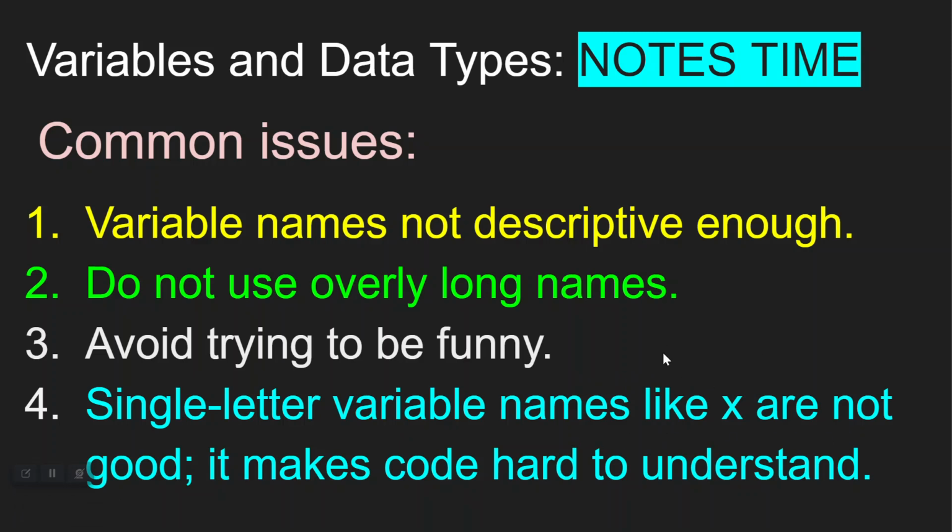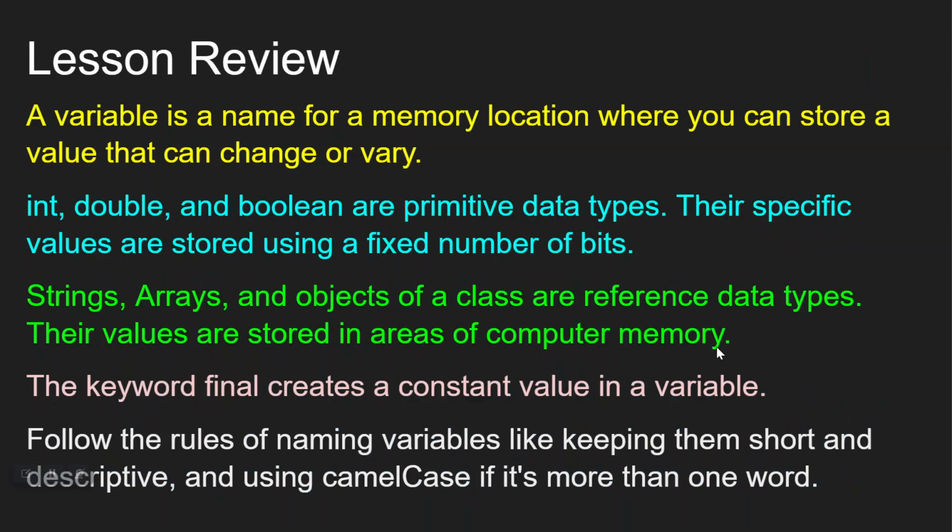So some people will just say int x equals 5, and then int y equals whatever. And you'll actually see that on your AP exam. Sometimes they will give you multiple choice questions where the variable names are just a single letter of the alphabet. And just know that, obviously, that's not how you would normally name your variables.